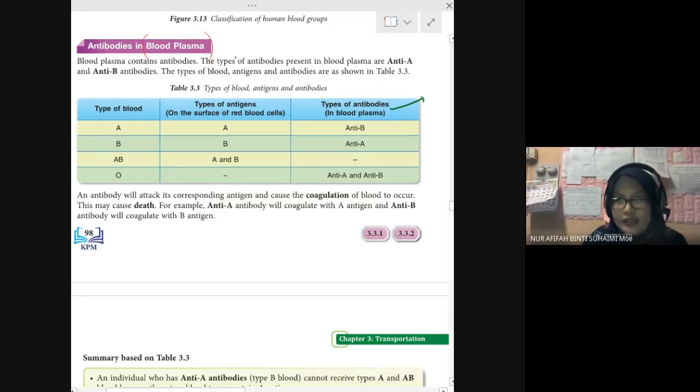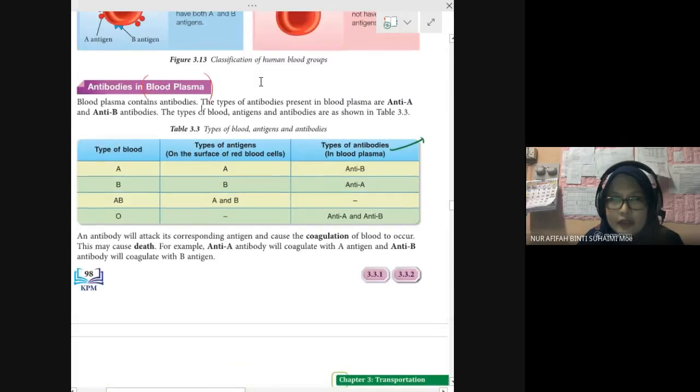If your antibodies are depleted or decreased after a certain time, it means that you were exposed to the virus. If your antibodies are maintained or still the same, that means you were not exposed to COVID-19. So, antibodies in blood plasma.